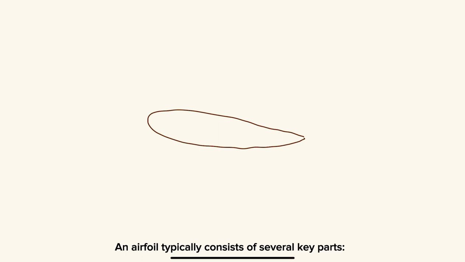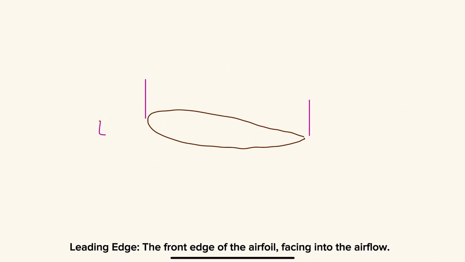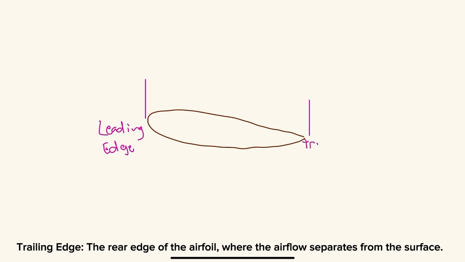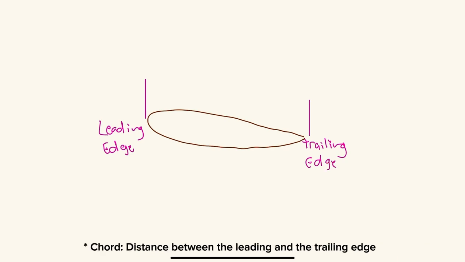An airfoil typically consists of several key parts. The leading edge, the front edge of the airfoil facing into the airflow. Trailing edge, the rear edge of the airfoil where the airflow separates from the surface.